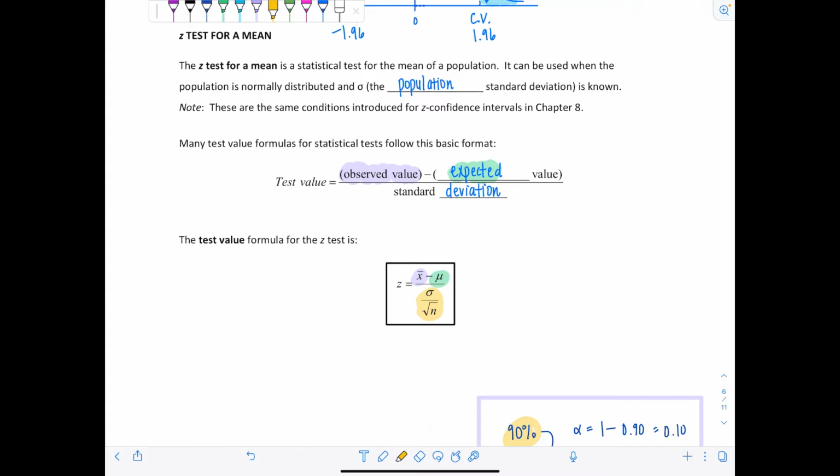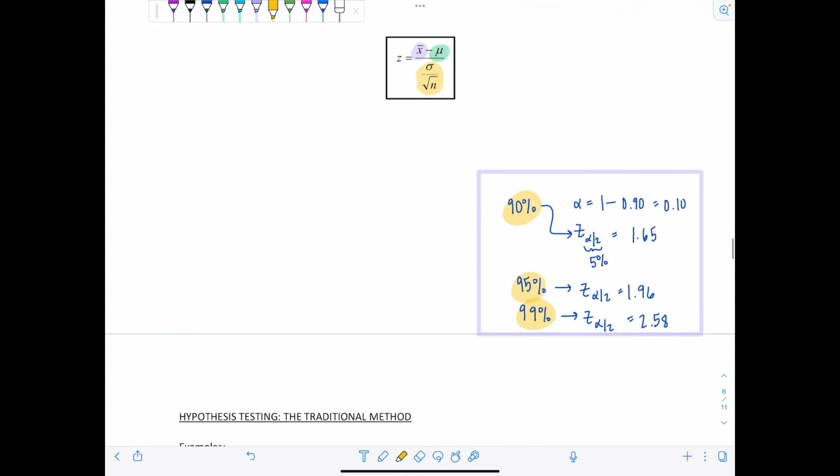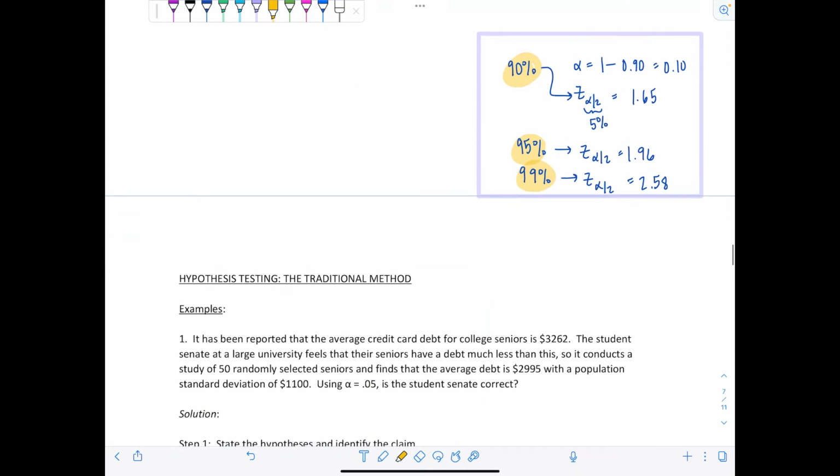And then I went back and I pulled the critical values, or the z sub alpha over 2's. They're going to be the same thing. This is back from Chapter 8, okay? Remember we talked about alpha already, and I listed out for you guys some of the common values. So when alpha is equal to 0.10, then that means you split 0.10 on each of the two tails. That's how a confidence interval worked.